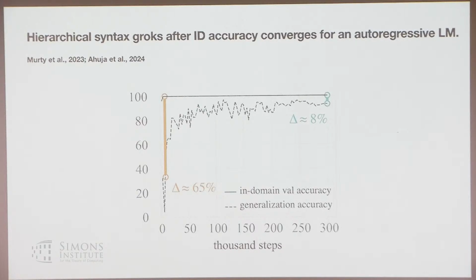Previously, people have shown that this kind of hierarchical generalization behavior, this syntactic rule, is learned in a grokking style long after the model has converged in distribution. So the model has been able to handle these ambiguous cases for a very long time before it starts to specifically favor the hierarchical generalization rule that uses the tree structure.